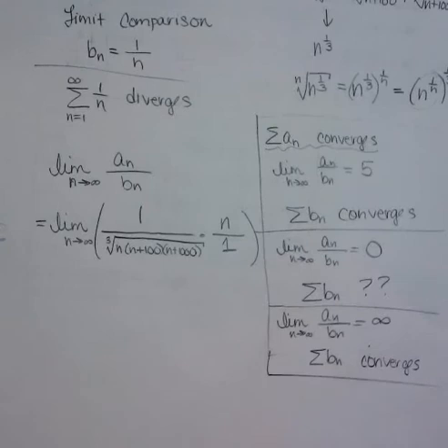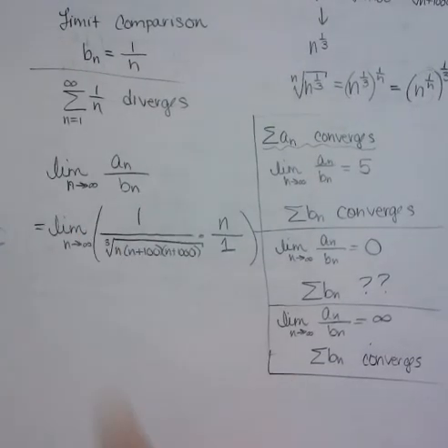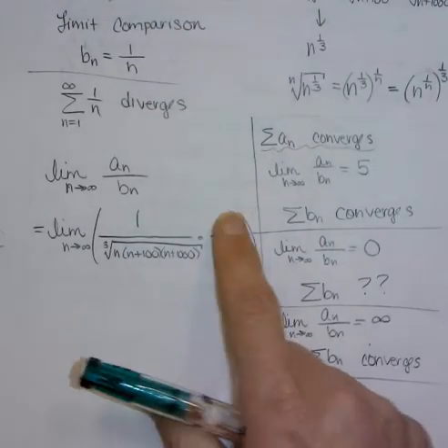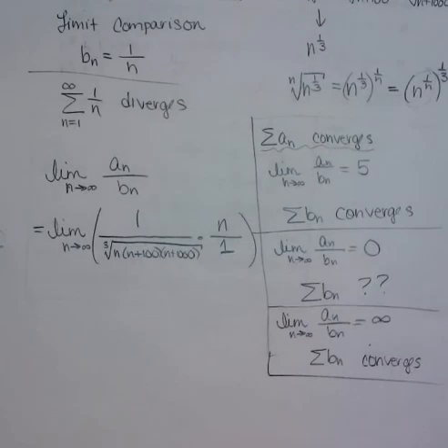Well, I can multiply this into one fraction and I'd have n over the cube root of that. And we'd say, well, obviously the numerator is going to infinity and the denominator is going to infinity.